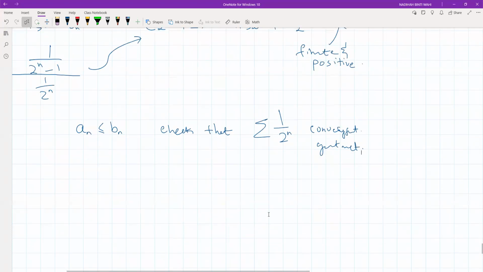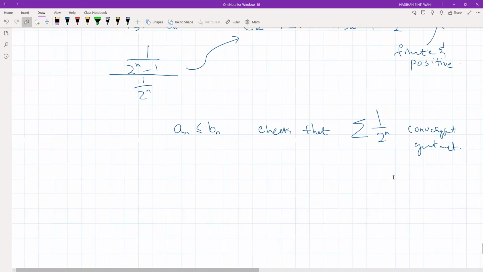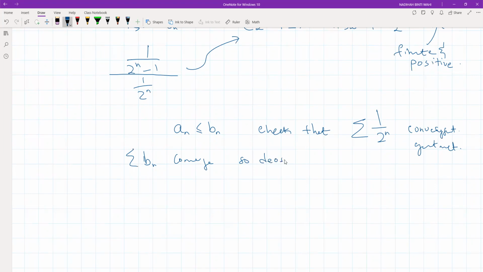So this one is convergent, and therefore, since bn is convergent, an also converges.